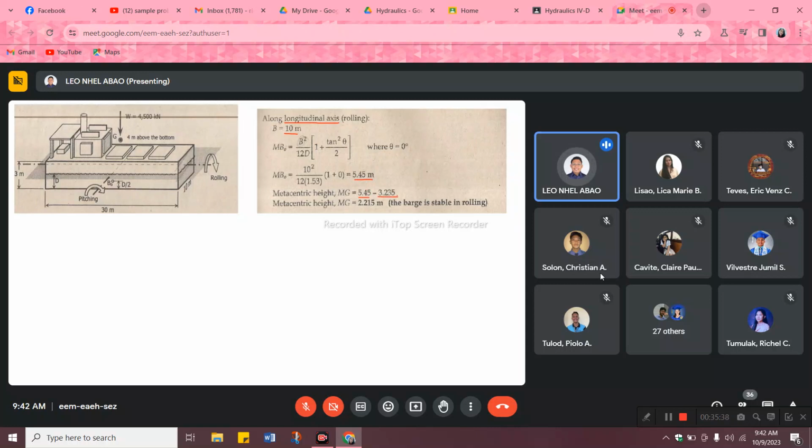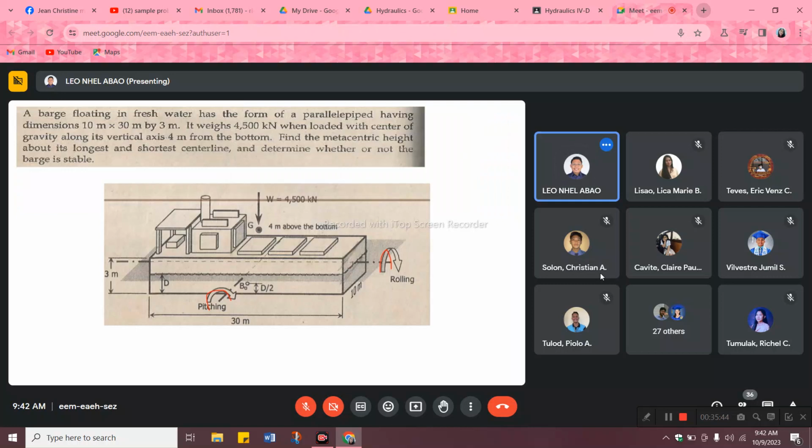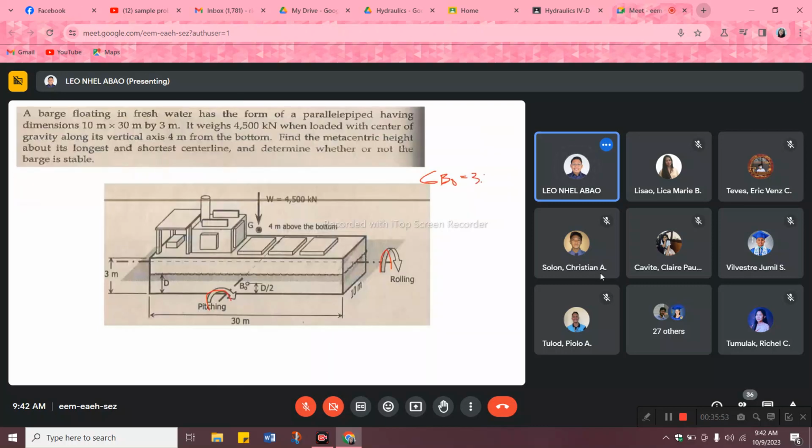So, can someone please tell me yun sa pagkuha ng 3.235 na GBO? Sige, class yun sa pagkuha class ng ang GBO na to is 3.235.